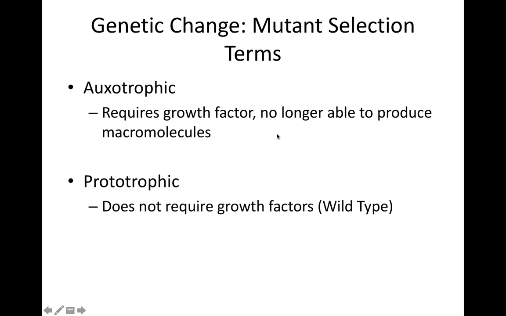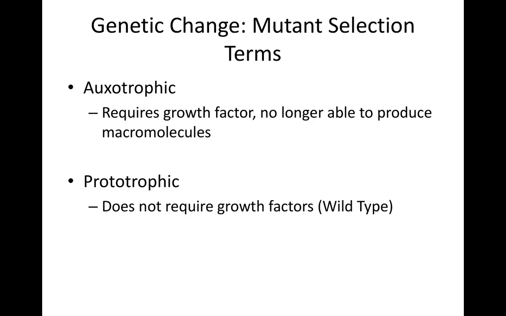So what we're going to talk about in this next little bit are a couple different ways that we can identify mutants, and also how we can identify if a chemical agent is a mutagen, meaning it's capable of inducing a mutation. Some of the terms we're about to use are auxotroph, or auxotrophic bacteria. These require a growth factor, because they're no longer able to produce certain macromolecules.